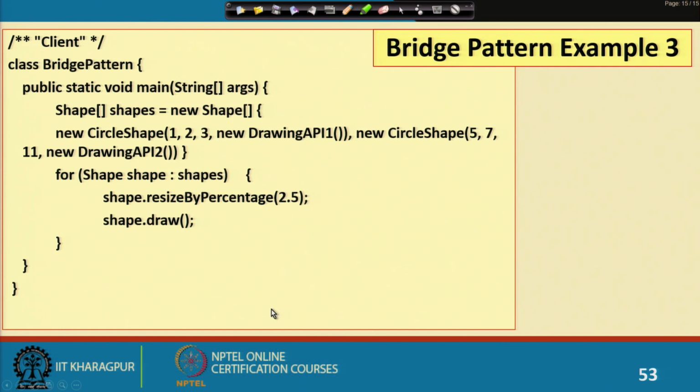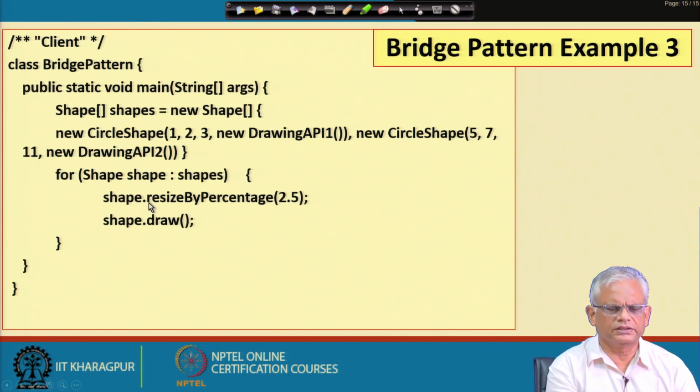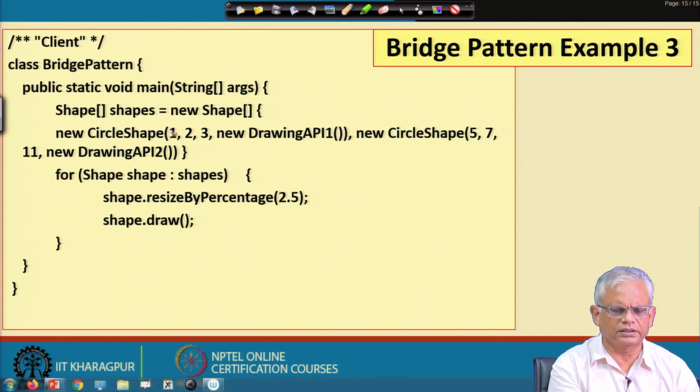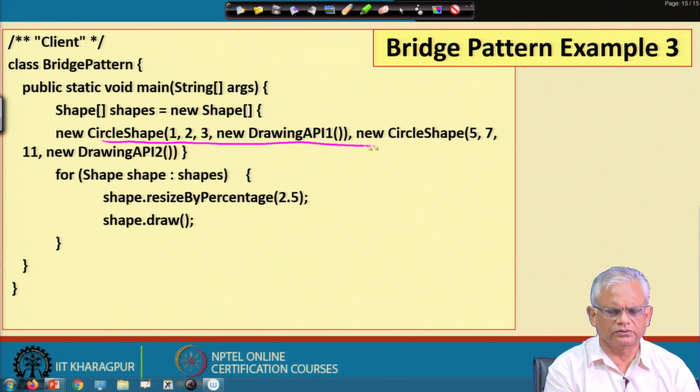Now, this is the client code. In an array, we create many circles, 2 circles we have created, and we have given 2 different APIs for those 2 circles. And the client just interfaces with the abstraction domain class, which is the shape, and then we call the shape resize by percentage.